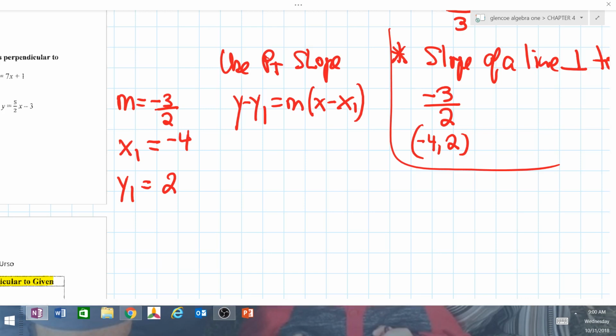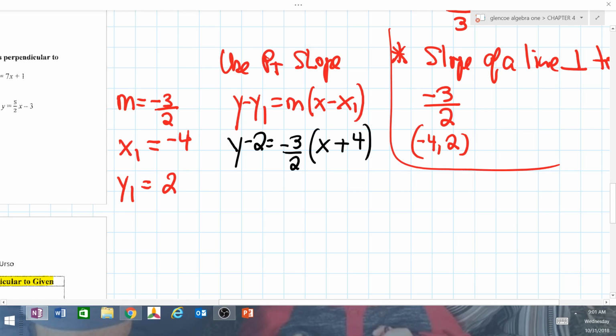Sometimes on a multiple choice test, you're done, because as soon as you see that, you don't have to go through the rest of the process. Look at the test and let the test help you. So this becomes y minus 2 equals negative 3 over 2 times x minus a negative 4, which becomes x plus 4.